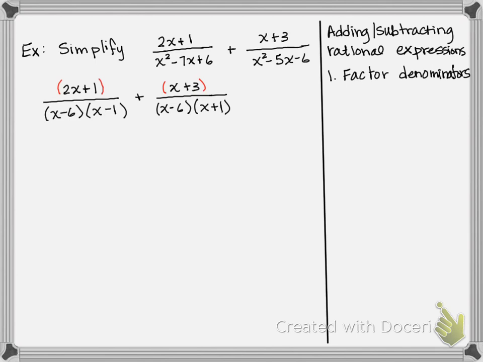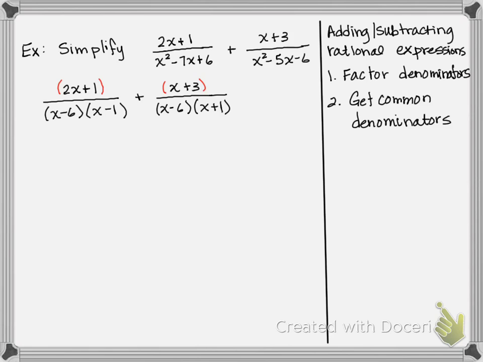So now we want to get common denominators. Just like what we do with numerical fractions, the only way to get common denominators is to multiply by a convenient factor of 1, right? To multiply by a fraction that's the same on the top and the bottom, but contains the factors that you want in your denominator.